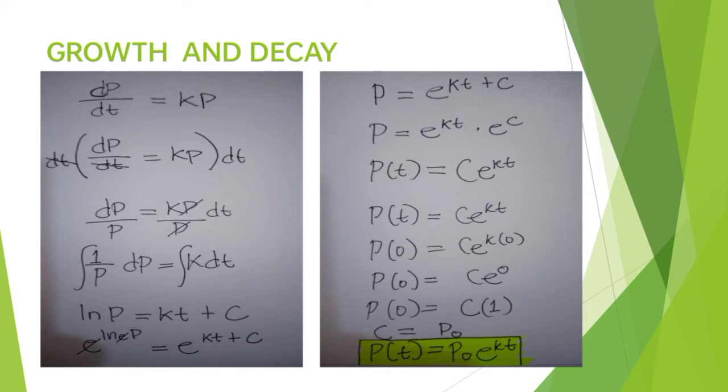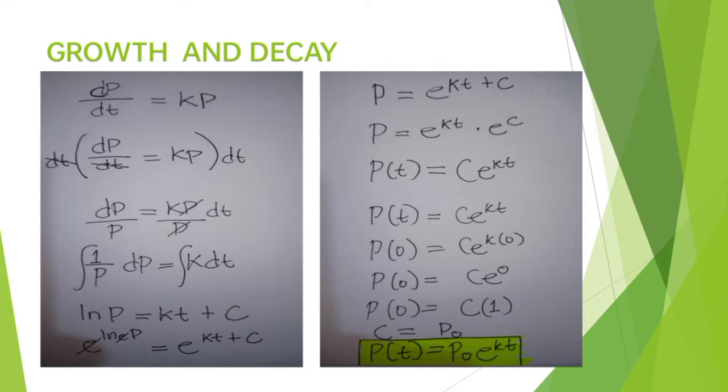So, we need to integrate it. After integrating, natural log of P equals k times t plus C, the general constant.